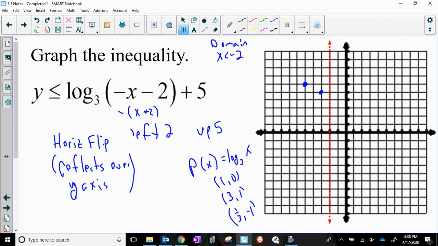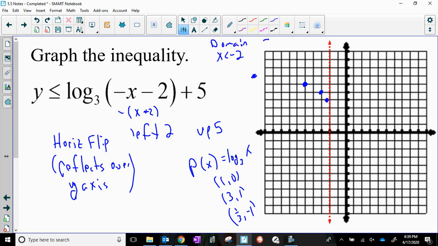Then we'd have 1/3, -1, flip, left 2, up 1, 2, 3, 4, 5. So if this is when the exponent's 0, here's when the exponent's -1, should only be 1/3 away. So if I go when the exponent is 2, so here's our locator point, the exponent's the y coordinate, and then the base is 3, so 3 squared is 9. I can move over 9. So 1, 2, 3, 4, 5, 6, 7, 8, 9. You'd have a point there.